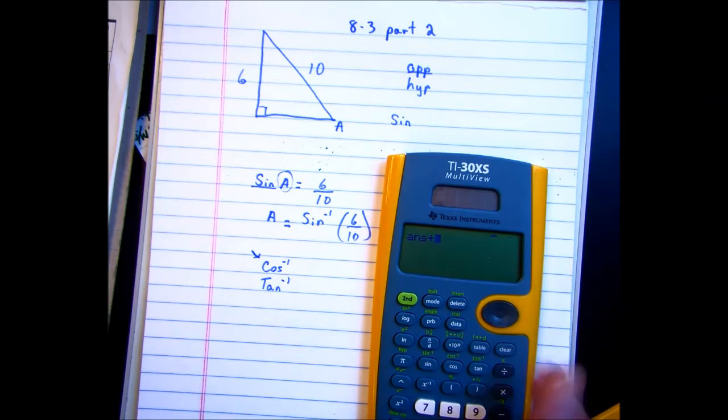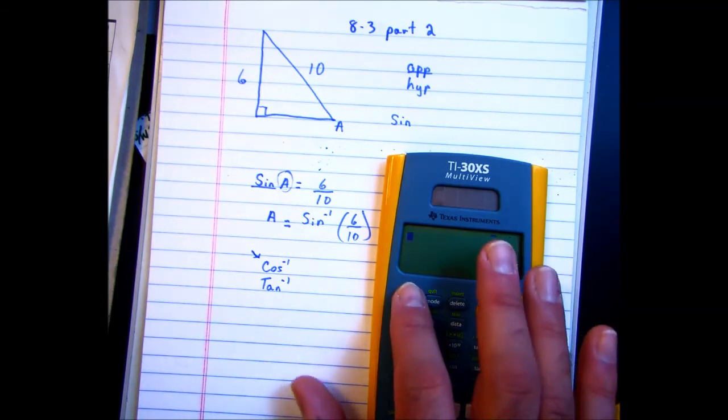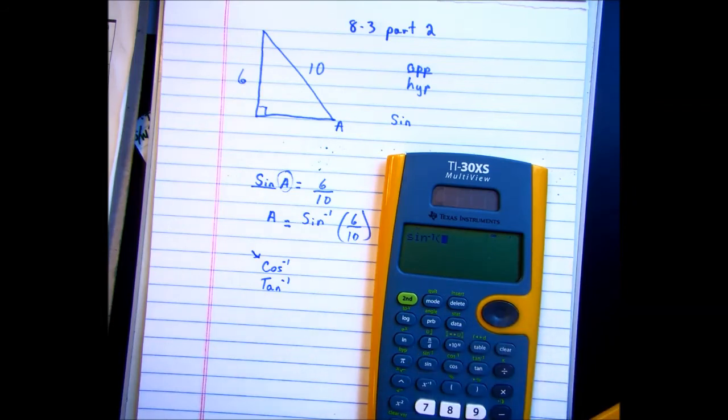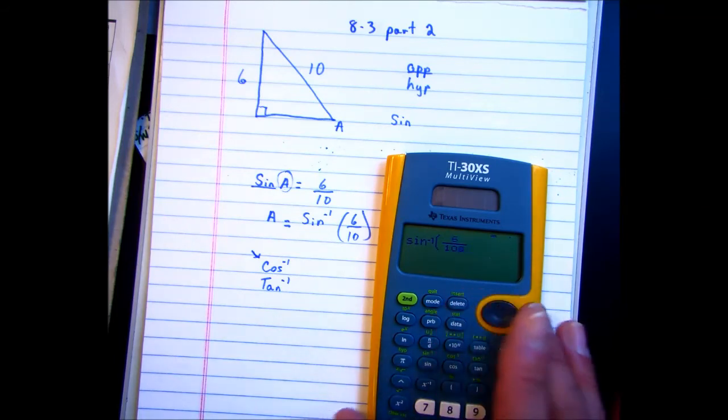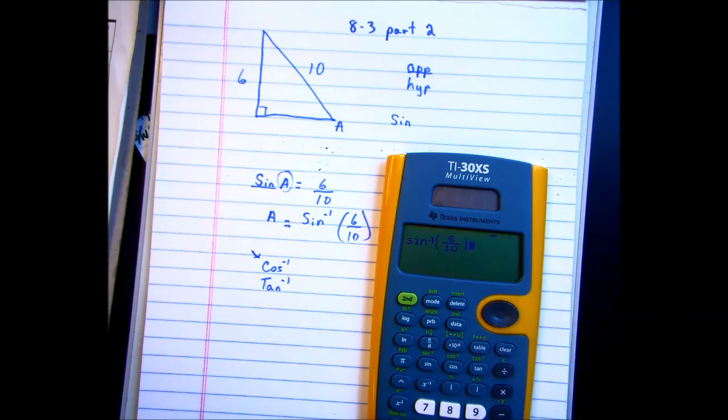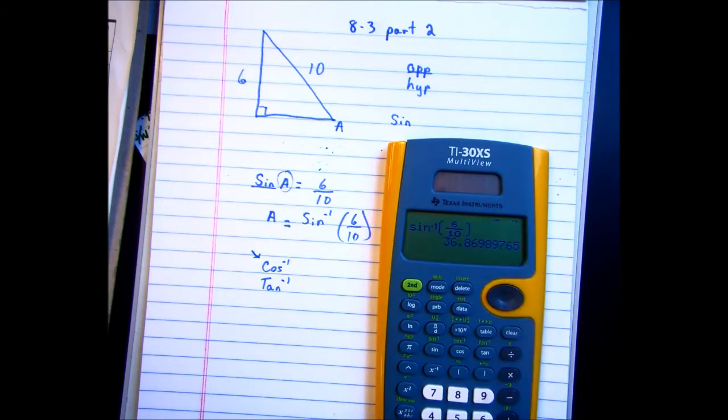The nice part is the words appear right on the calculator. You type in second function sine, and it gives you sine of -1. You do 6 over 10, hit equal, and you get 36.86.